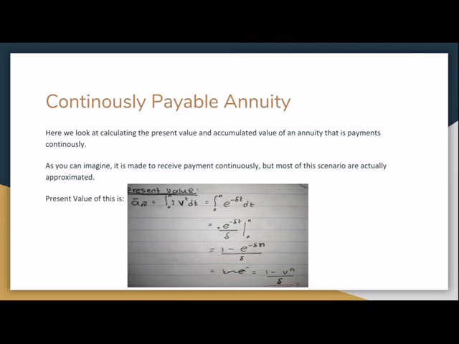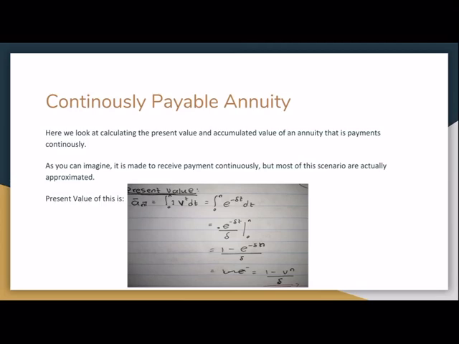I cannot emphasize this enough. So what do I mean by that? You're receiving payment continuously. It means that at any given time interval you are receiving a payment. But then you can already think that this one is almost not natural to happen, like it's something that we cannot make happen.